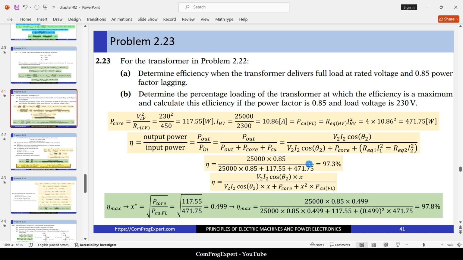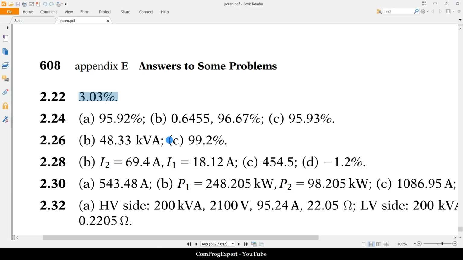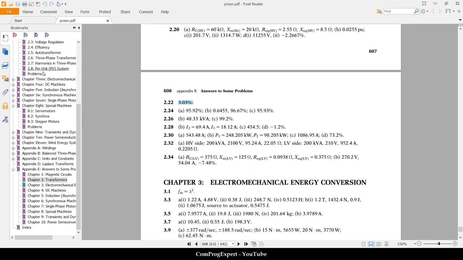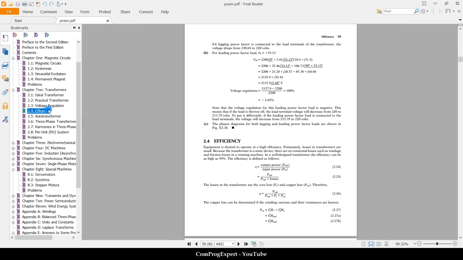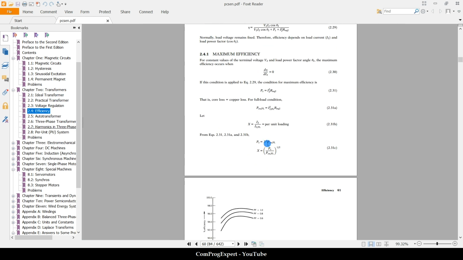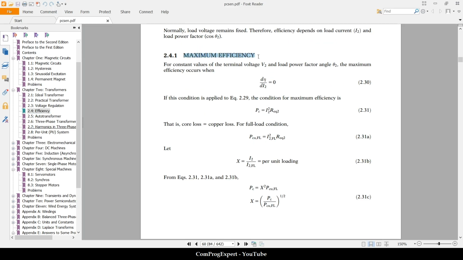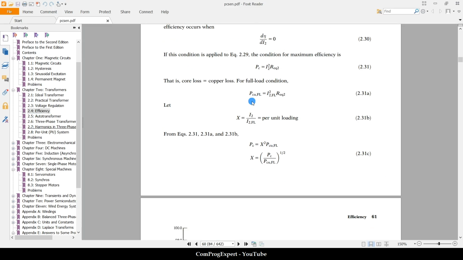Then we need to calculate the efficiency for the load fraction at which we have maximum efficiency. Okay, you remember this equation? We discussed this equation before. Here in the reference, if you check this section for transformers efficiency, the maximum efficiency condition, yes, we discussed it in previous problems.